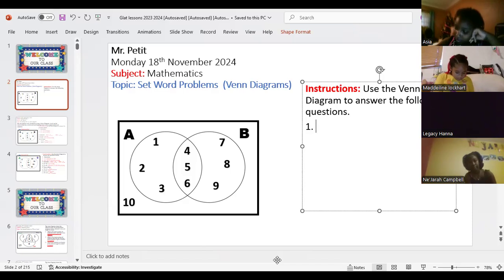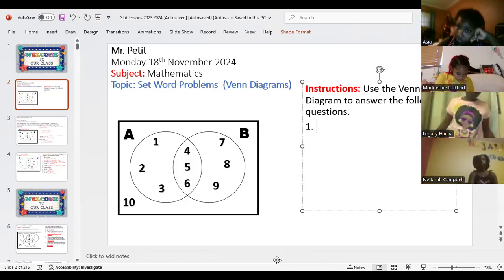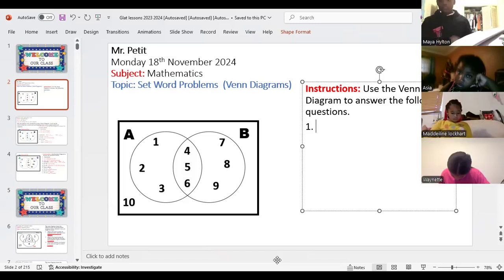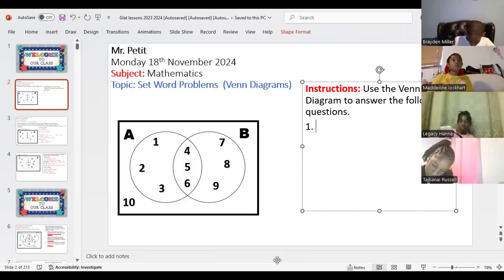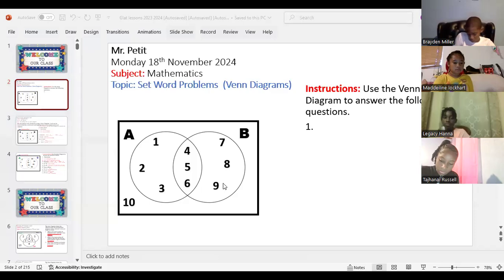Najara, how do your circles look? It looks good because I used something to draw it. Okay, that's good. Kaden, are you finished with this? I'm writing the instructions.